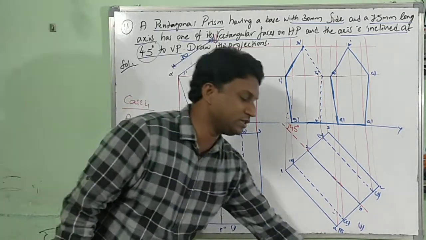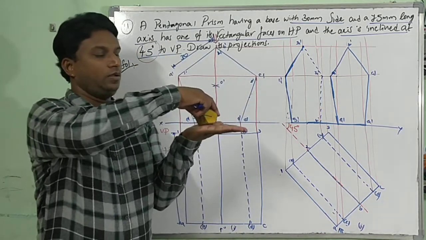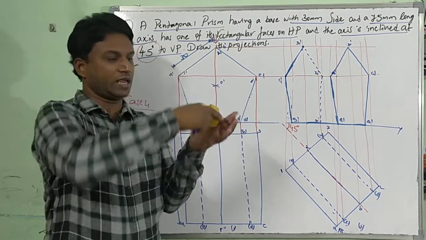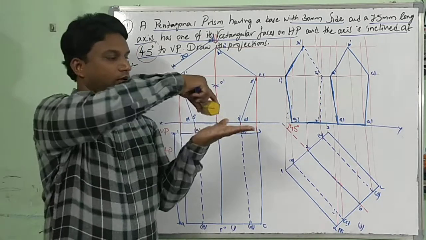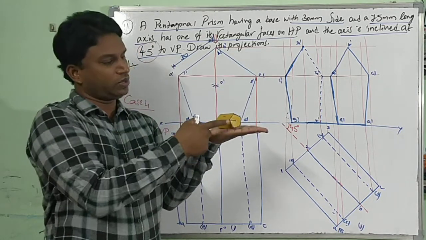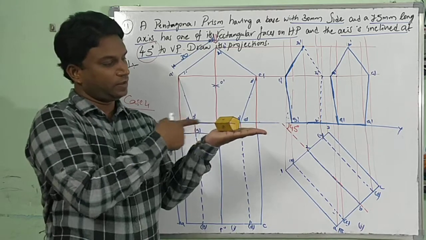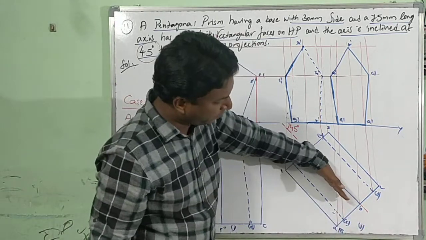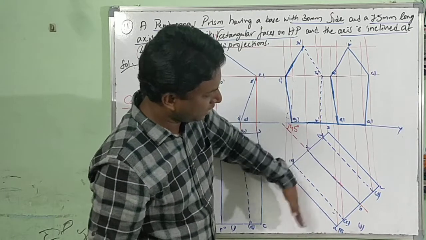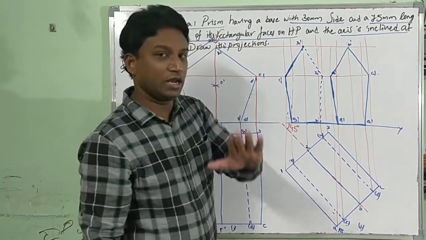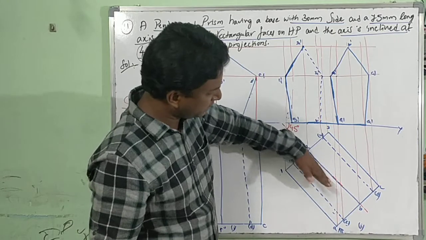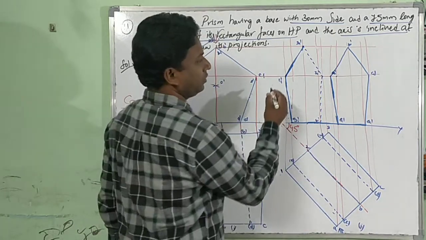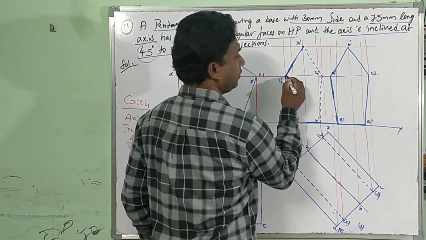How about vertical edges? After seeing this, vertical edges are these lines. In the front view, it is the same with respect to the concept of half line. Whatever is below the half line is clearly visible.